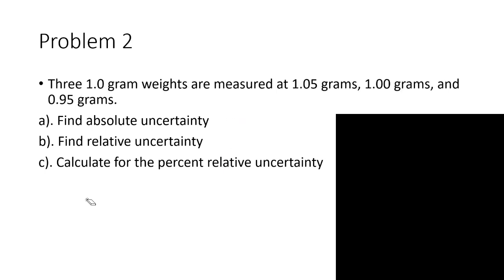For problem 2, three 1-gram weights are measured as 1.05, 1, and 0.95 grams. We'll do it this way so it's less confusing. We have 0.95 here, then you have 1, and then you have 1.05 right here.